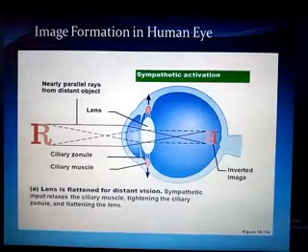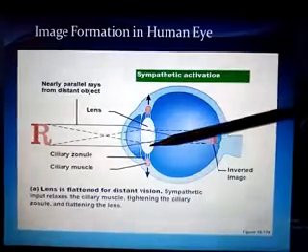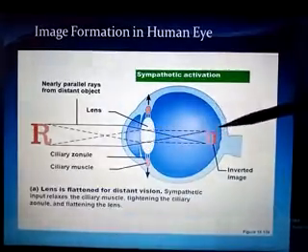If we see an object, for example a nearby object or a distant object, the light is incident from the object and the rays reach the eye lens, and after that the image is captured in the retina.